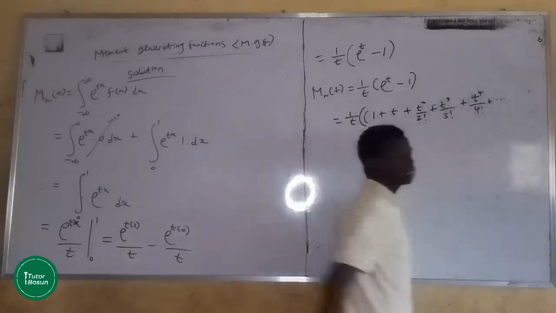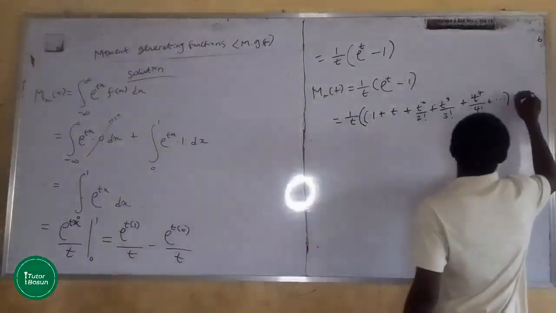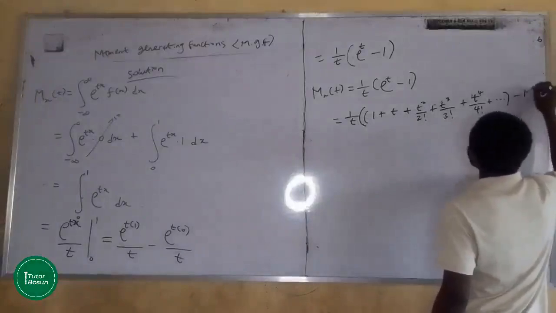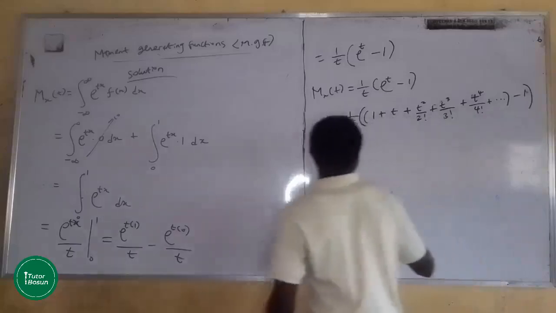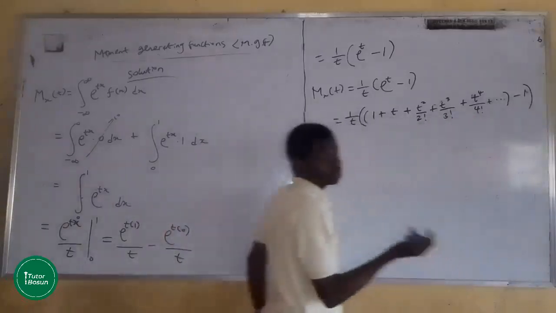Make sure you indicate that triple dot, it's an infinite series. Minus 1. Don't forget we are having minus 1 here.